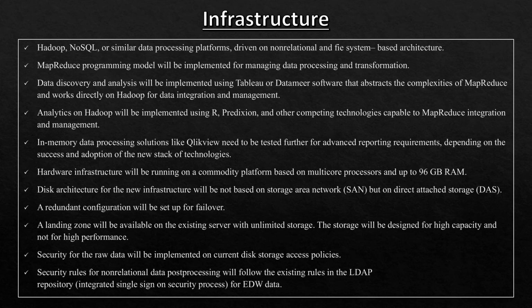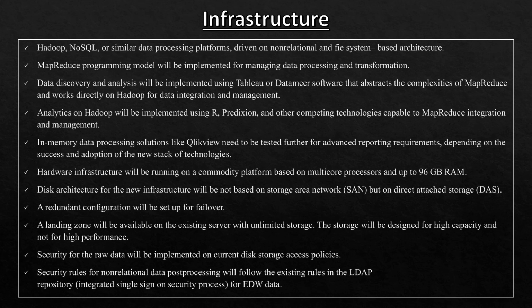That means it has to upgrade its hardware infrastructure, and then it also has to upgrade this architecture for the new infrastructure, because it will not be based on a storage sharing network, which is SAN for short, but on direct attached storage, DAS for short. A RAID configuration will be set up for failover. Okay, so we don't want the redundant configuration.